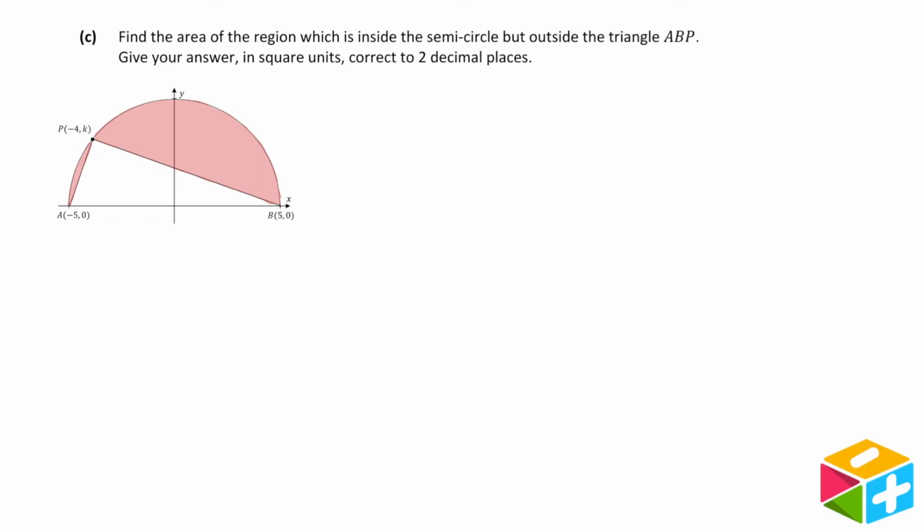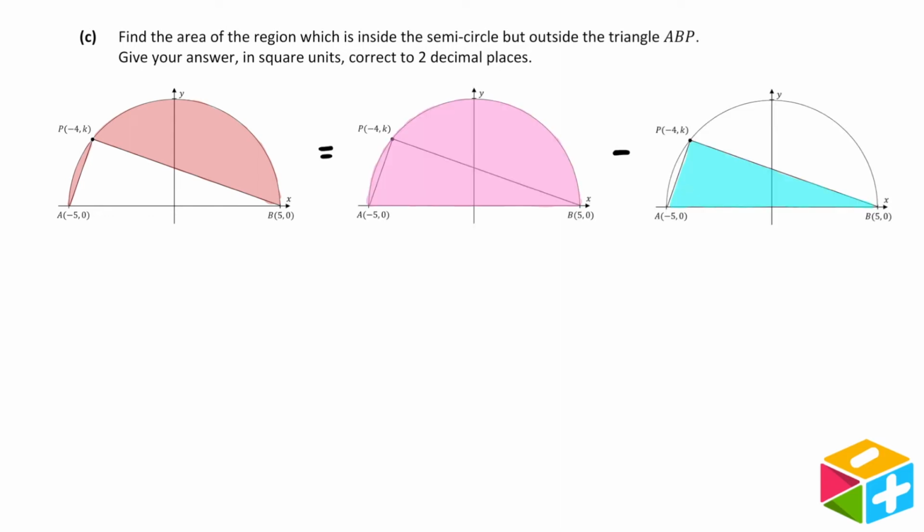It's quite difficult to find the area of this region directly. However, we could find it as follows. We can start with the full area of the semicircle and then subtract away the area of the triangle. So once we calculate these two areas, we'll be able to find our answer.